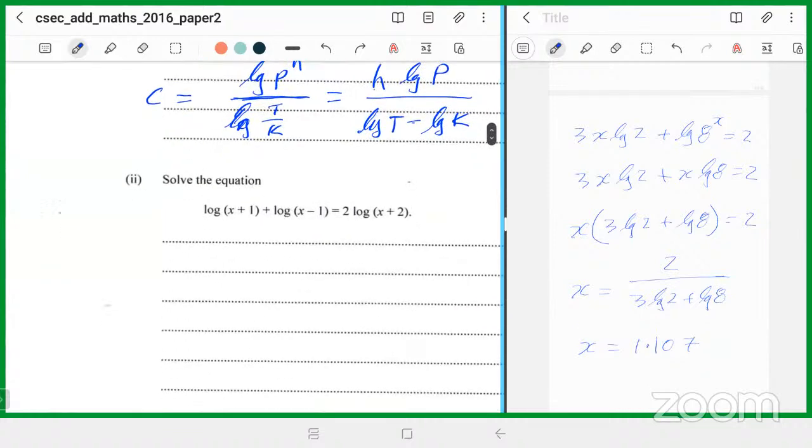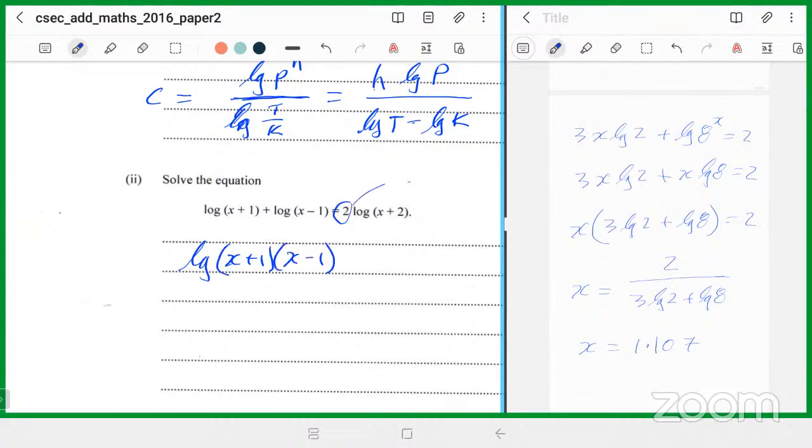I'm solving this logs equation. So what I'm going to do, I'm going to move this 4 up here, and I'm going to consolidate these two logs expressions using the laws of logs. Remember, the log of a sum becomes the log of a product. So this side becomes the log of x plus 1 times x minus 1.